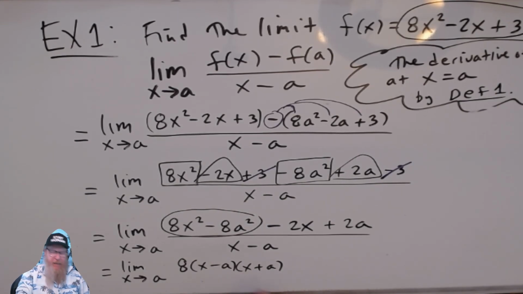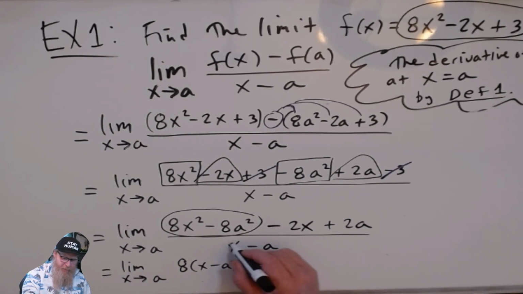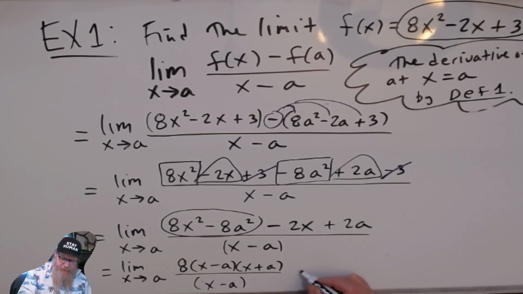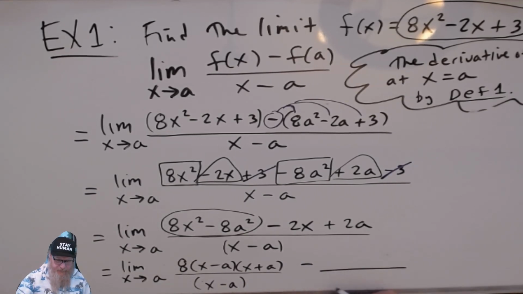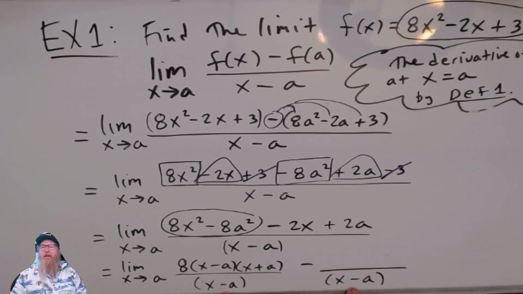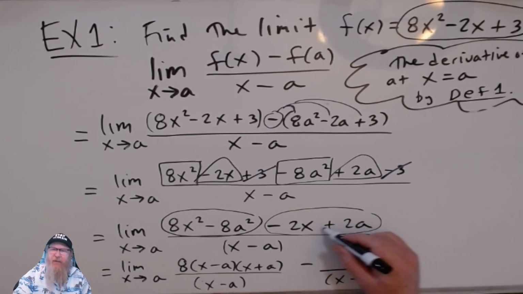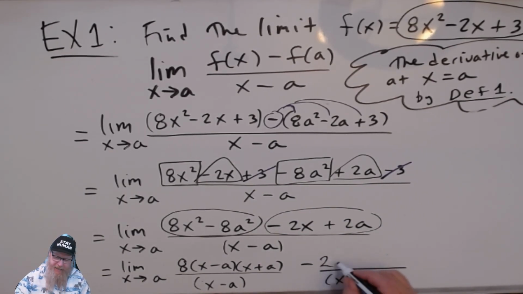Okay. And then watch what I do here. The denominator, I'm going to go ahead and put parentheses around it just so that it kind of matches. And I'm going to write it twice. You've seen me do this before. I'm going to do that a lot today. And then in the second factor, I'm pulling out a negative 2.